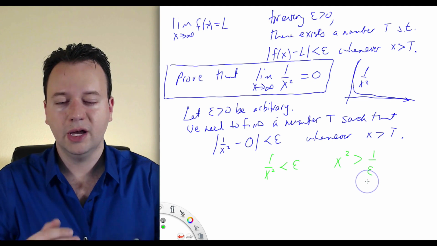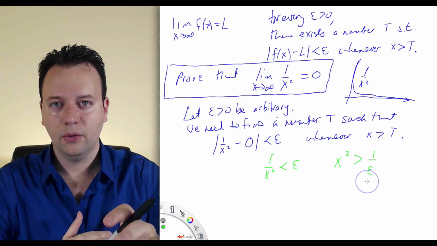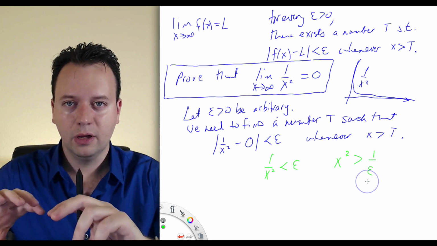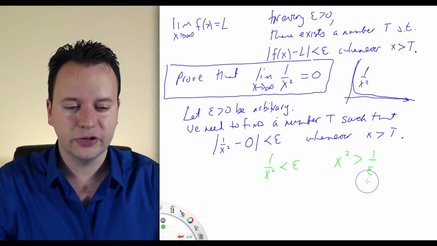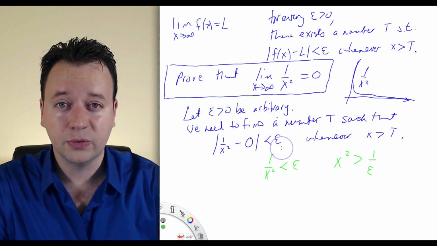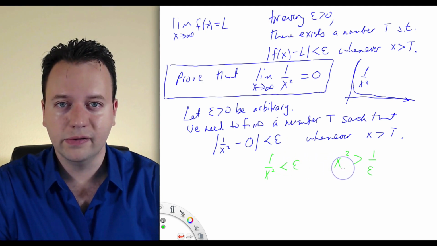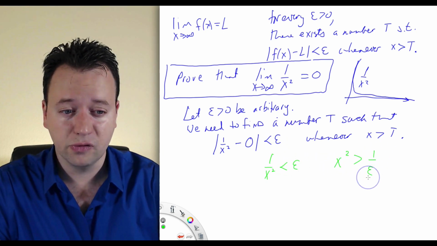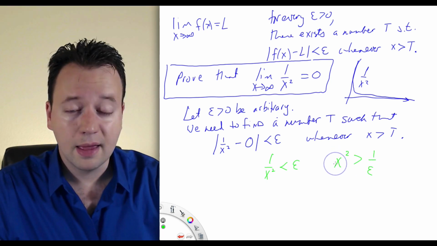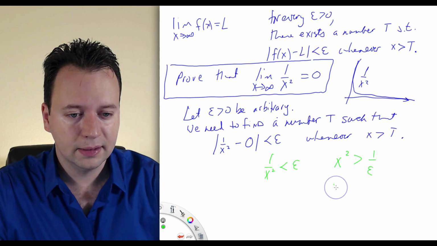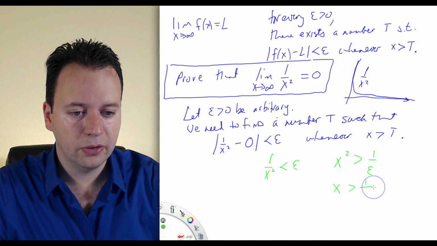Recall that when you take the reciprocal of both sides of an inequality, it flips the direction of the inequality. So 1 over x squared less than epsilon is equivalent to x squared is greater than 1 over epsilon. And you can always try it with a sample number to see that it works. Then we take the square root of both sides, so we get x is greater than 1 over the square root of epsilon.